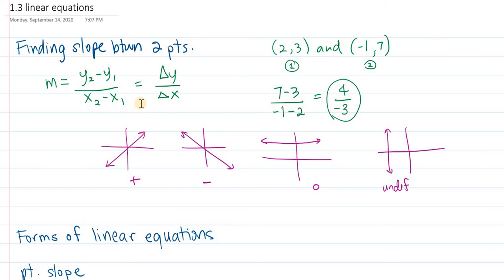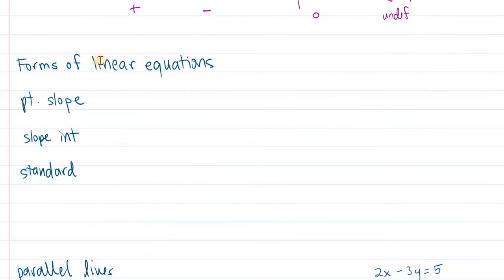Okay, continuing on with our review, as a recap, there are 3 different forms of linear equations. The first one, point slope, uses the equation that we just used, and you would have y minus y1 equals the slope times x minus x1, where these coordinates are the coordinates of a point that you're given, and m equals the slope of the line.